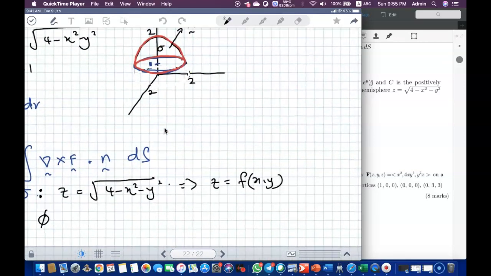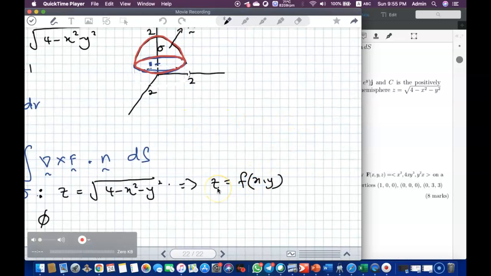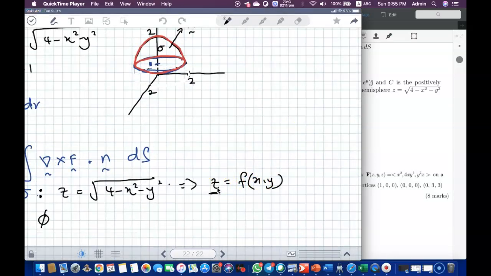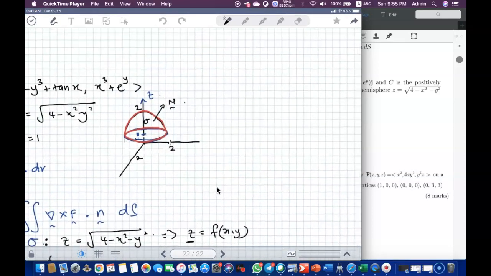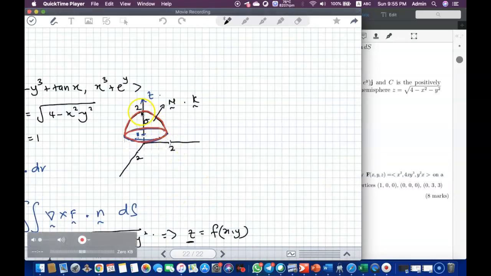What is the component you have to focus on? Since you are choosing z as a function of x, y, you only focus on the k component of the vector, because we have z there. We want to know if k is positive or negative. This is your surface, and your positive n is in this direction, so it points to k positive.